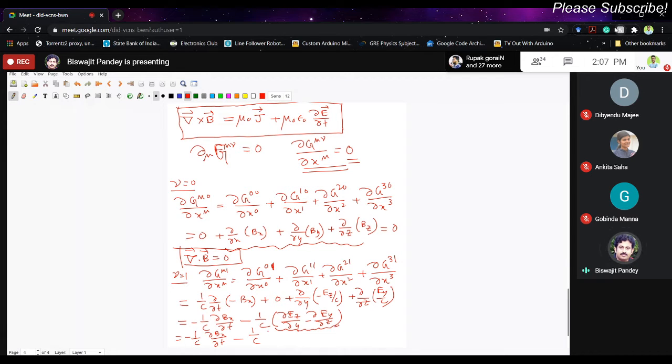This is nothing but the x component of curl of E. You can write down curl of E and check that this is the x component. So curl of E, x component. You see 1 over C are common here. You can throw it away, because on the other side we have 0, right? Right hand side is 0. So what we can write, the x component of curl of E is equal to simply minus of del Bx del T. This is the equation coming from nu equal to 1.